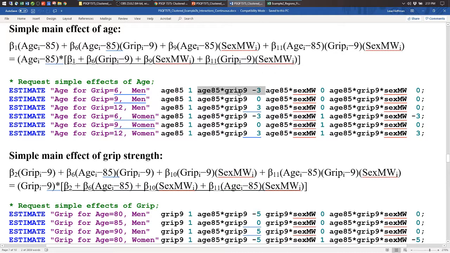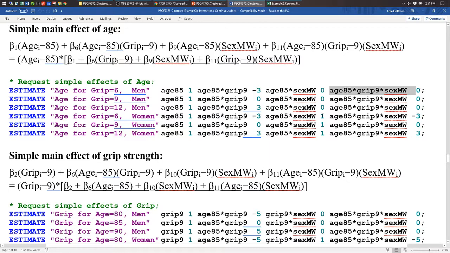I need -3 beta 6s, because that's the grip strength I'm plugging it in for. If I want it for men, then I don't need any of the beta 9s. And if it's 0 for men here, then the 3-way interaction term goes to 0 as well.